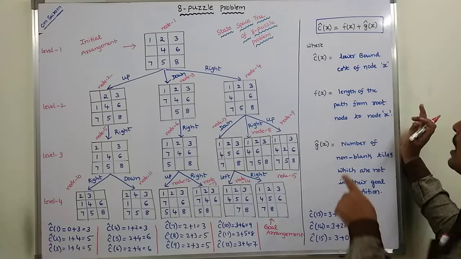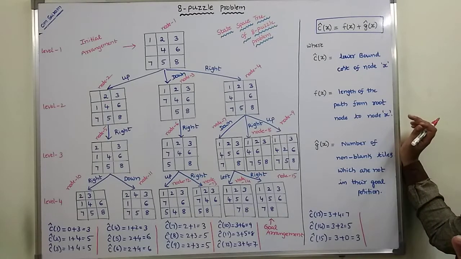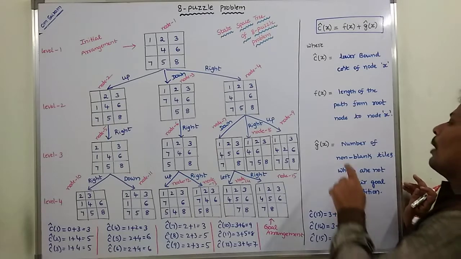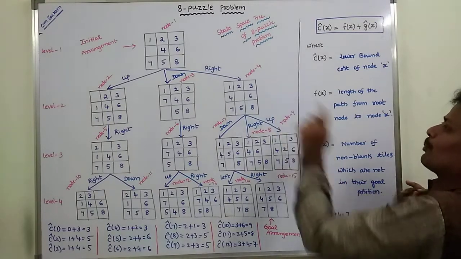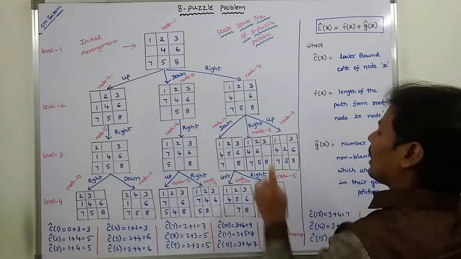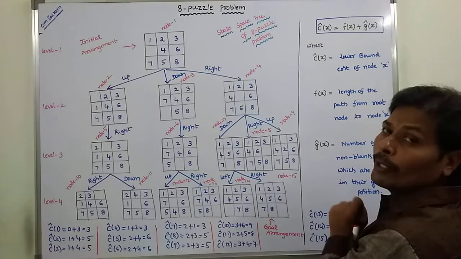Okay, next one. g cap of x is equal to the number of non-blank tiles which are not in their goal position. Okay, for example, what is g of x for this node? Here, this is the goal position, this is the present node x.